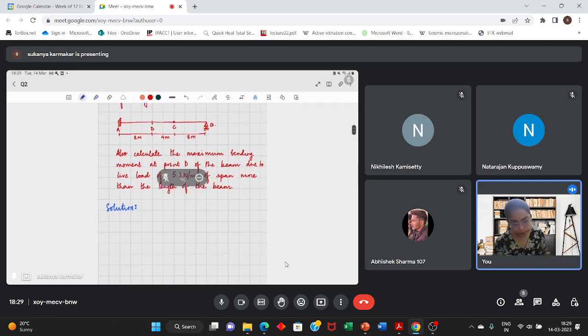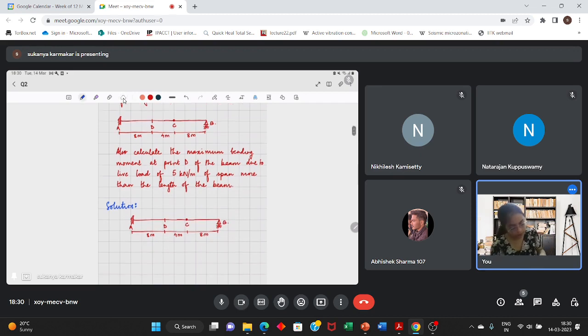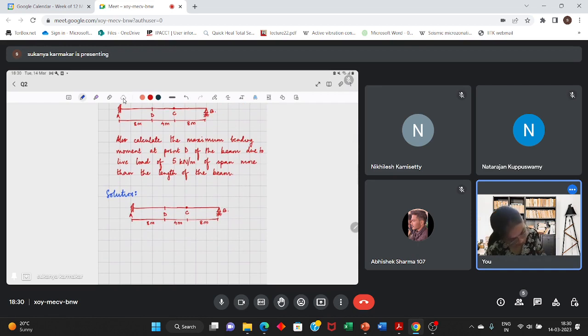So this is the beam. Suppose for case 1, let the unit load lie here.